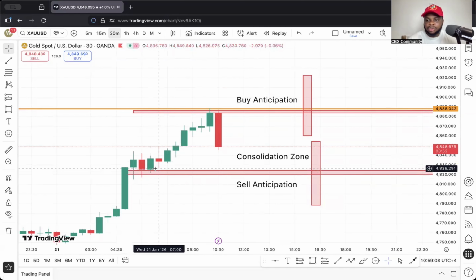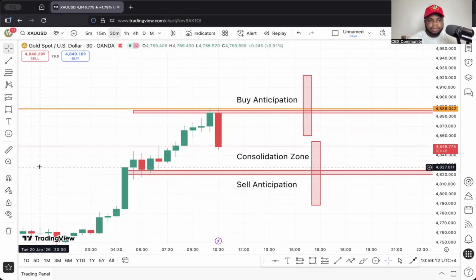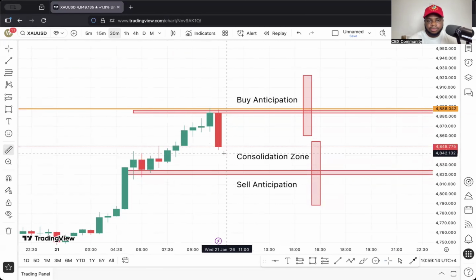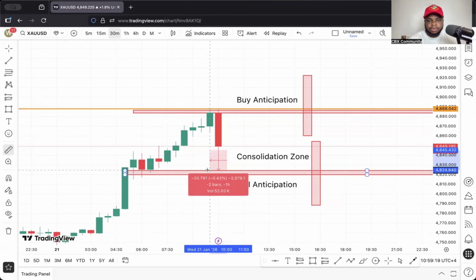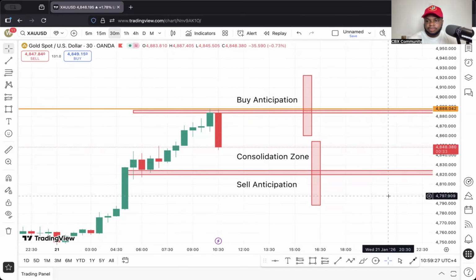So for now, we don't need to do anything until the close of this candle. Let's see how the candle will close.